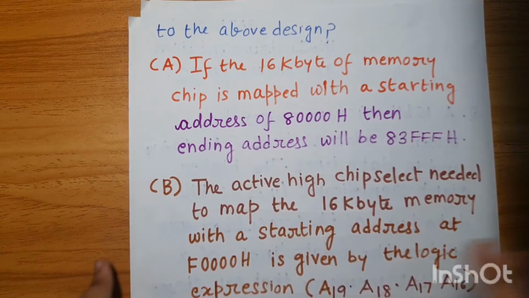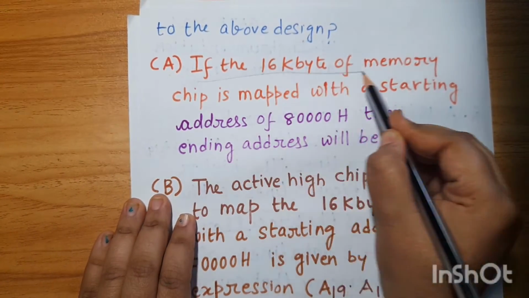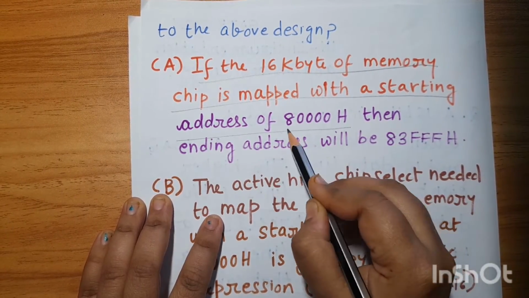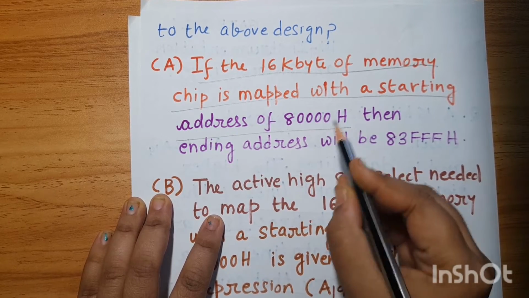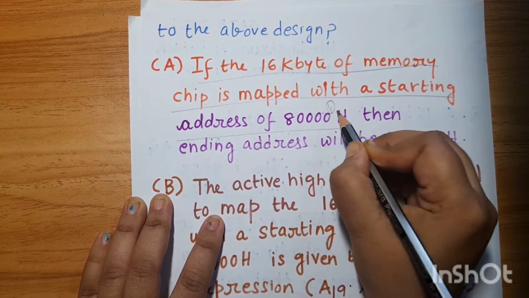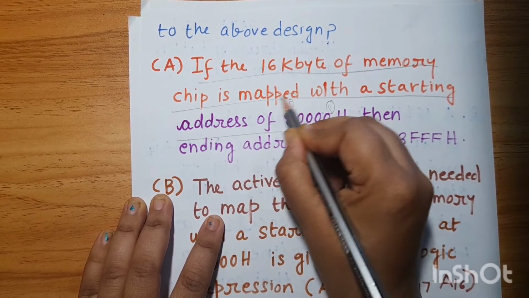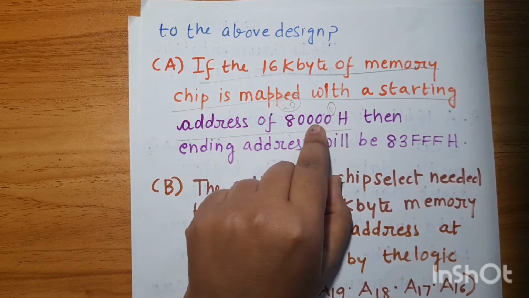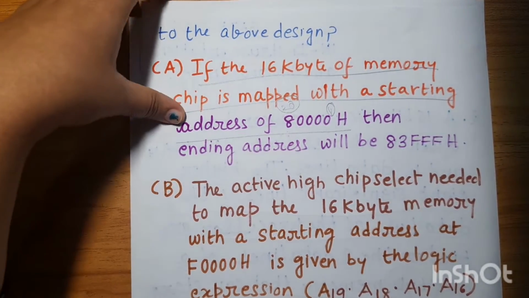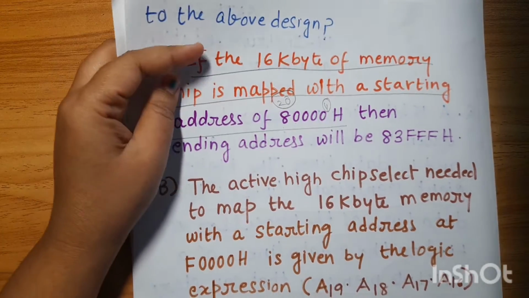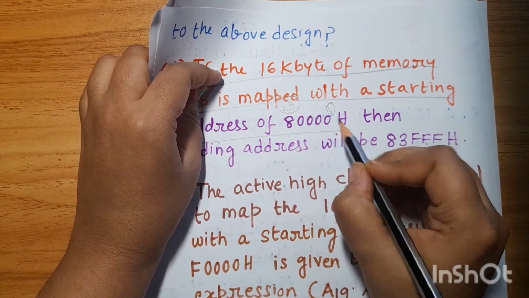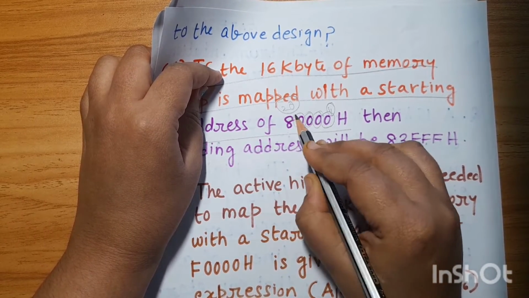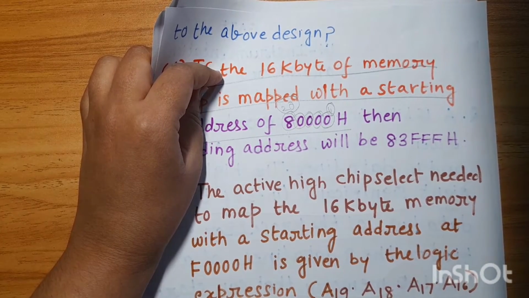Now you have to tell me which of the following statements is or are correct with respect to the above design. The first option is: if the 16 kilobyte memory chip is mapped with a starting address of 8 followed by 4 zeros, in order to represent one hexadecimal digit we need 4 bits, so 5 hexadecimal digits are 20 bits, each requiring 4 bits to store the number.